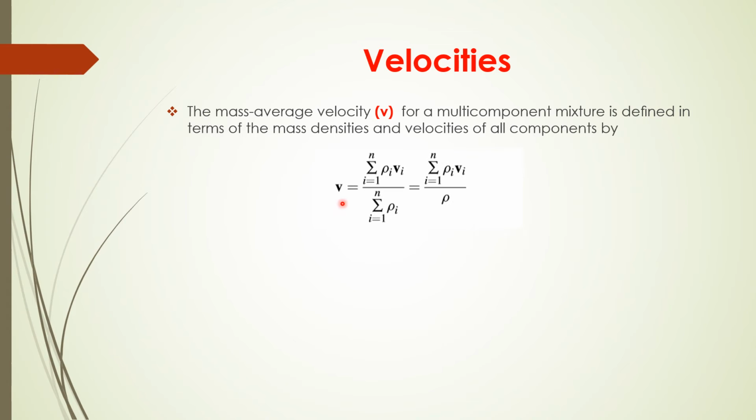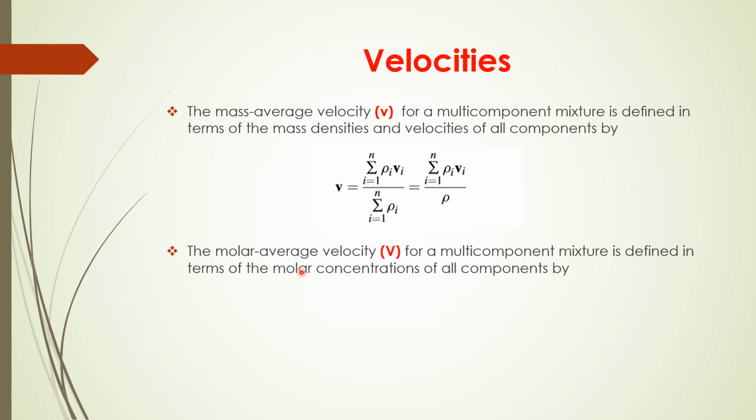So small v is equal to sum of the mass density and velocity of individual component divided by the total mass density of the mixture. So it is equal to sum of rho i Vi divided by rho.